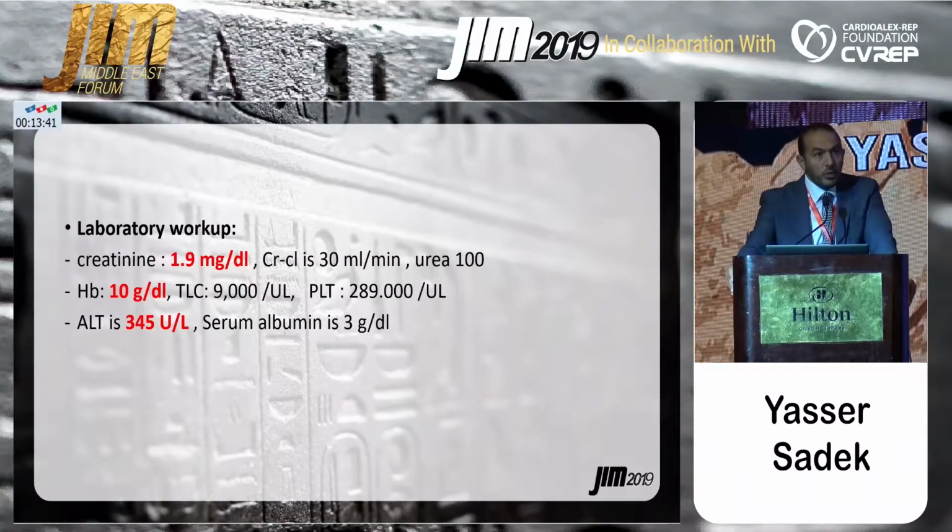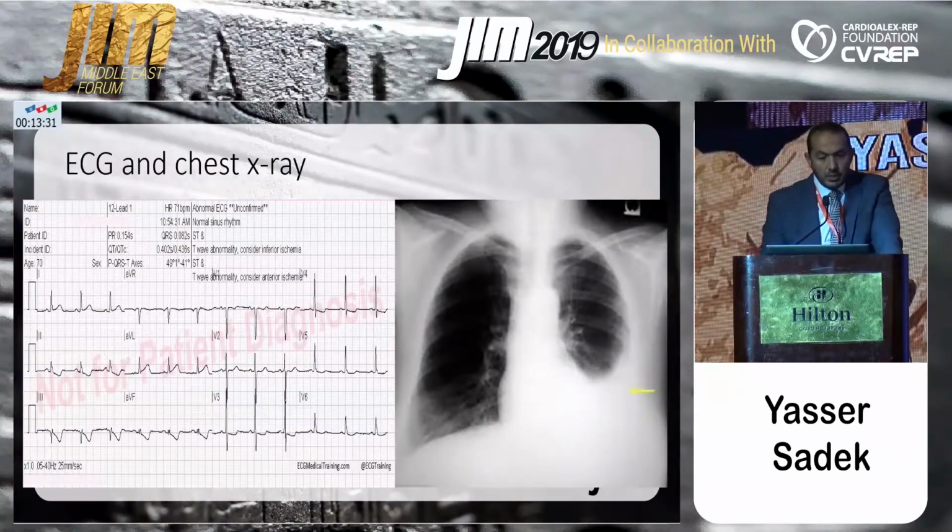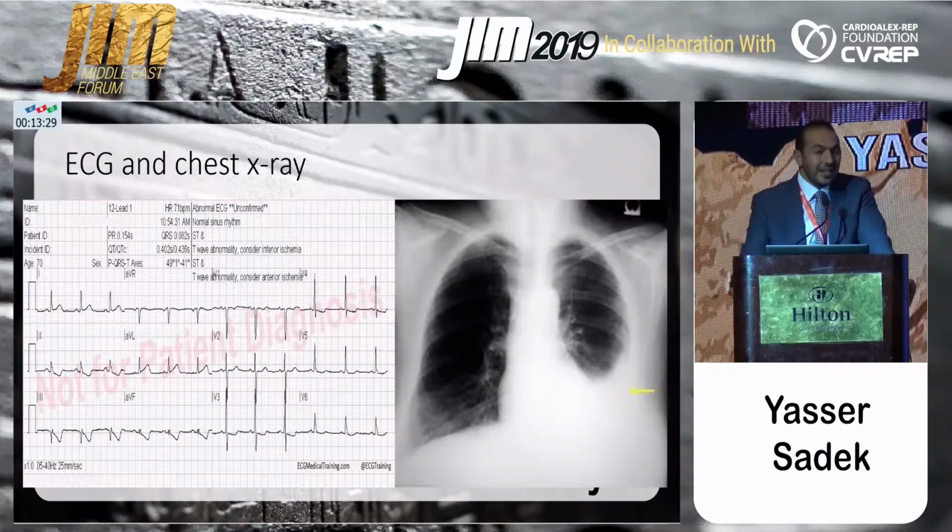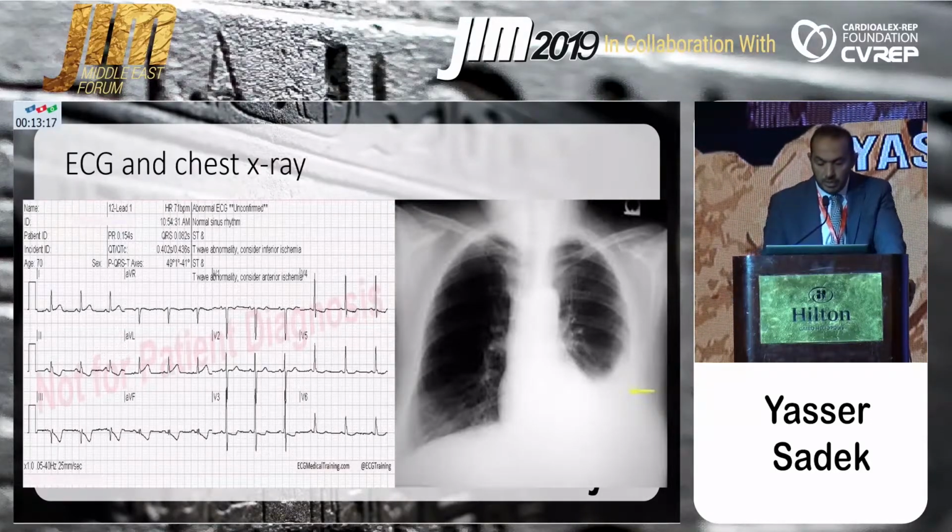His creatinine level was 1.9 and his hemoglobin only 10 milligrams per deciliter, and he has elevated liver enzymes. You can appreciate here slight ST deviation, with depression in the inferolateral leads, from V4 to V6, and he has a significant left pleural effusion.